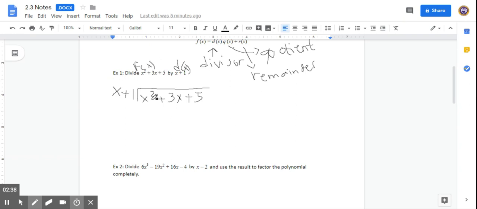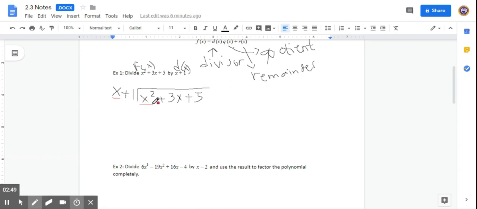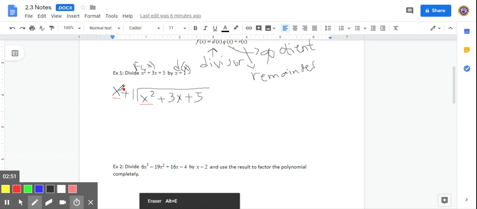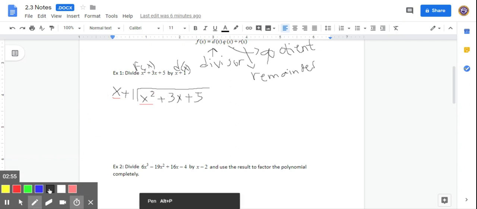And so here we're going to take a look just at our first terms. So we're just going to start with x and x squared. And we ask ourselves, x times what gives me x squared? X times x.